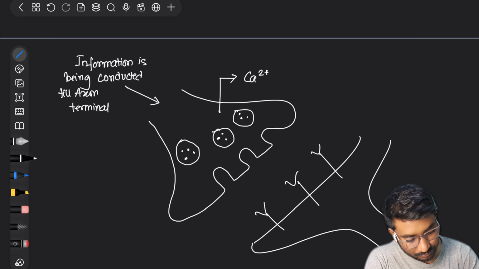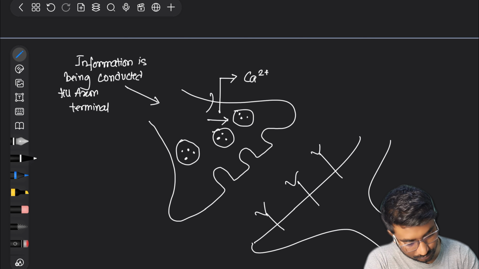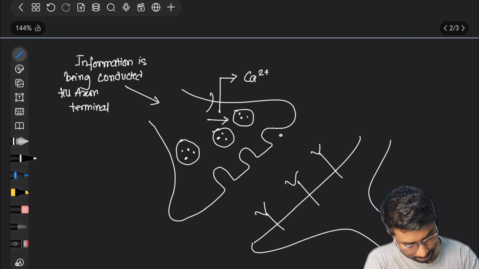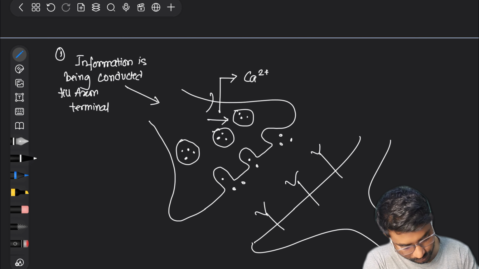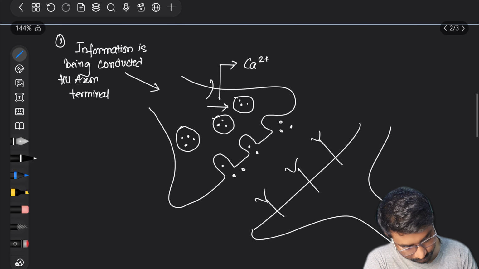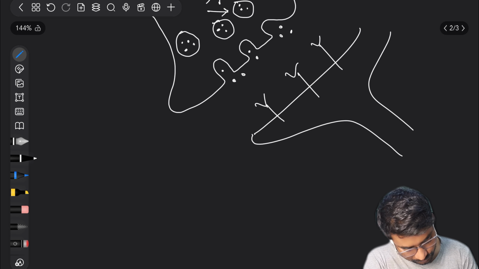This is the calcium ion. Now these are the neurotransmitters released. Take point 2.